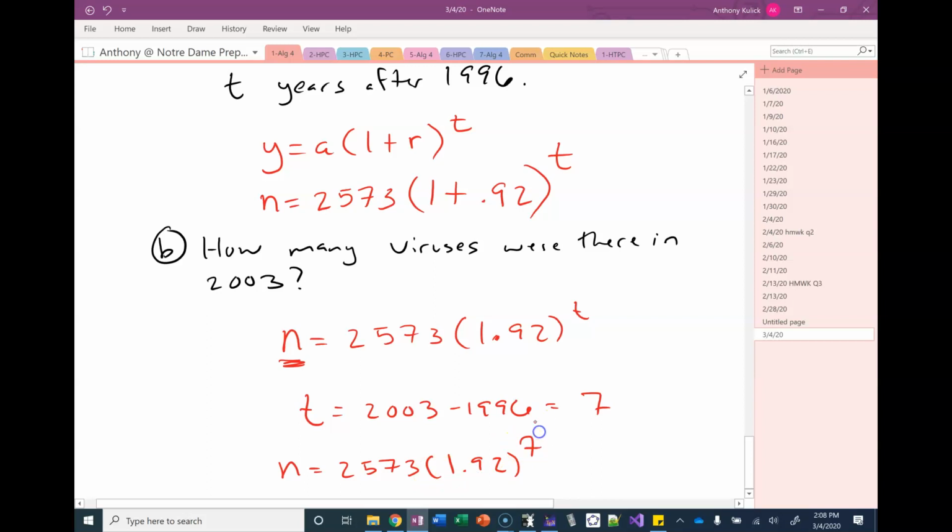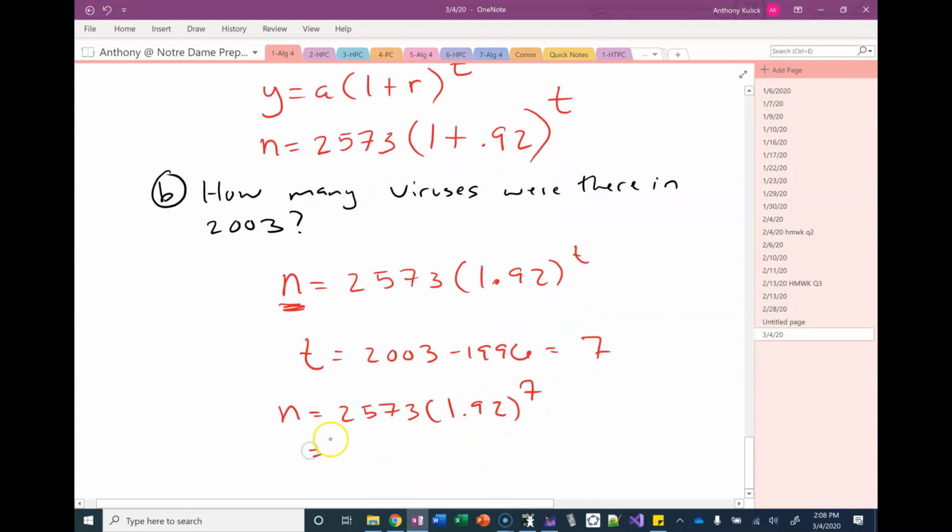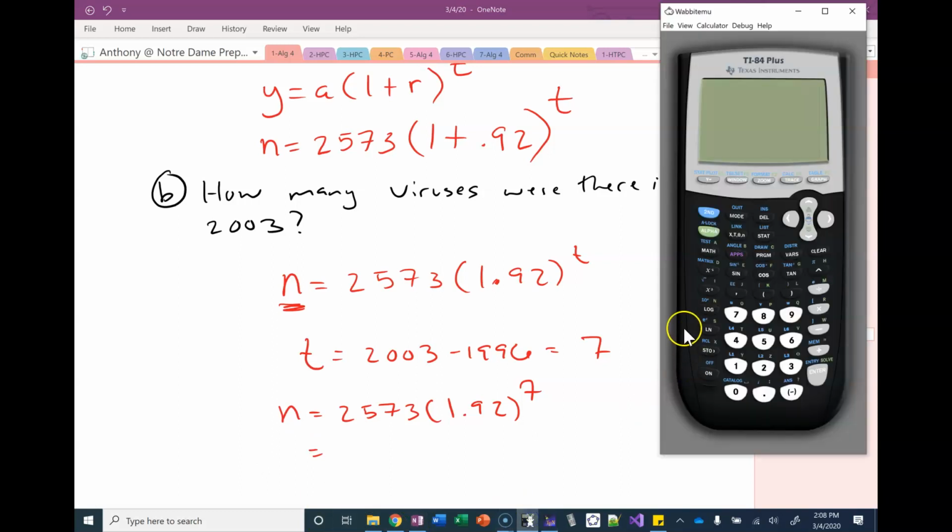So I'm going to plug 7 in for T, and then I'm going to type this into my calculator. So I get 484. We should round that to 485.